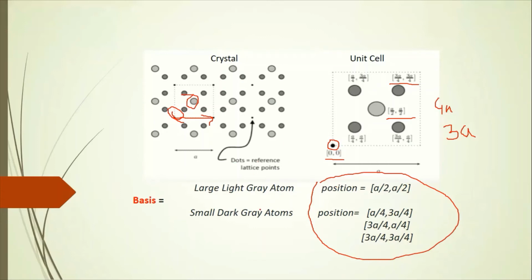So I think each region can be found from the large gray atoms, and sorry for using the pen, and small dot gray atoms here, repeating periodically at the lattice points from the above figures.